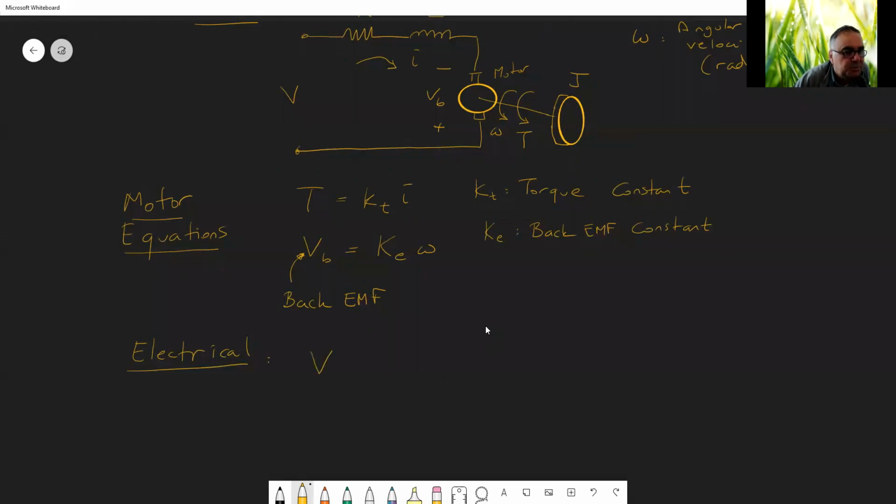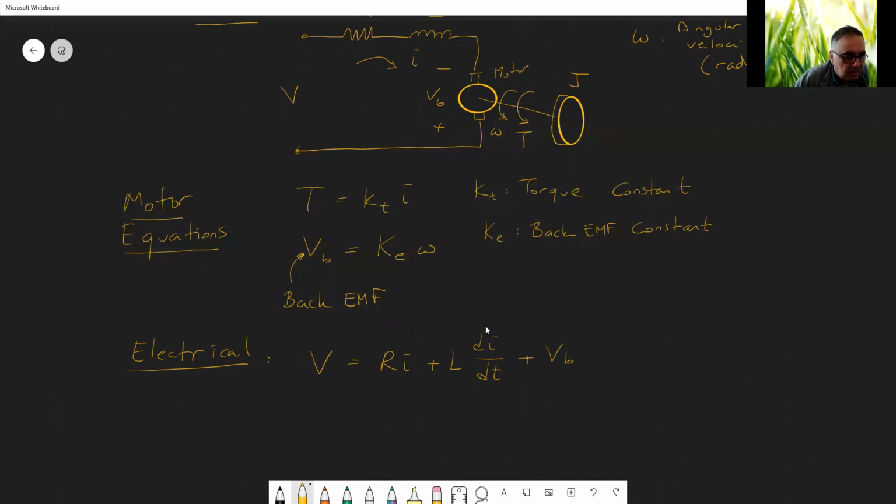The voltage input, V, is equal to the voltage drop across the motor, which is Ri plus L di/dt, plus the back EMF, Vb.